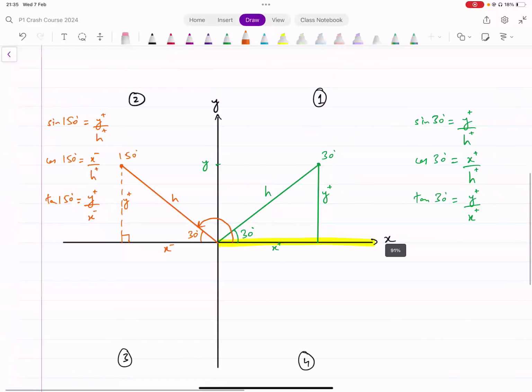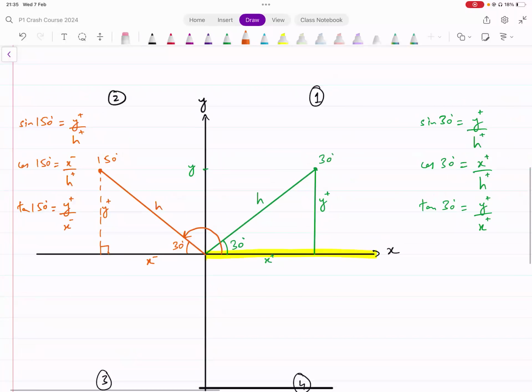So if you try this now, try finding sine of 30 on your calculator. Sine 30 gives you 1 over 2. And sine of 150 also gives you 1 over 2. They give you the same value. The same value is because of the same basic angle, which is 30. They're both positive as well.